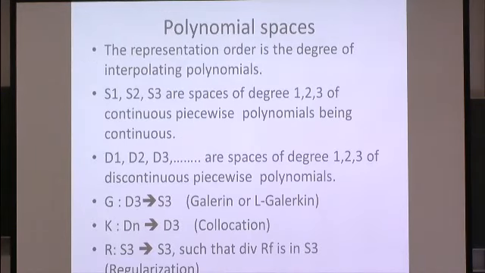So now I come to explain what I understand under L. Galerkin. So it is rather similar to what they call CG and DG methods, but it's definitely on the CG side, on the continuous Galerkin side. And so I have a representation order, which is the order of the polynomials inside each cell, and then I have the continuous space.